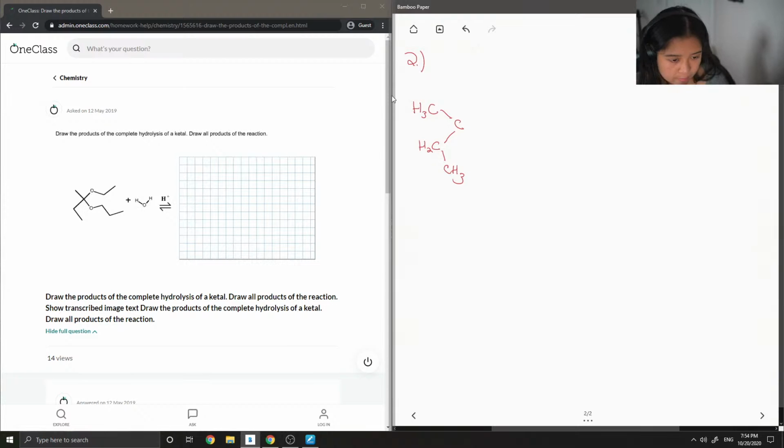I'm just drawing it out, showing all the carbons and hydrogens just to make it more clear.